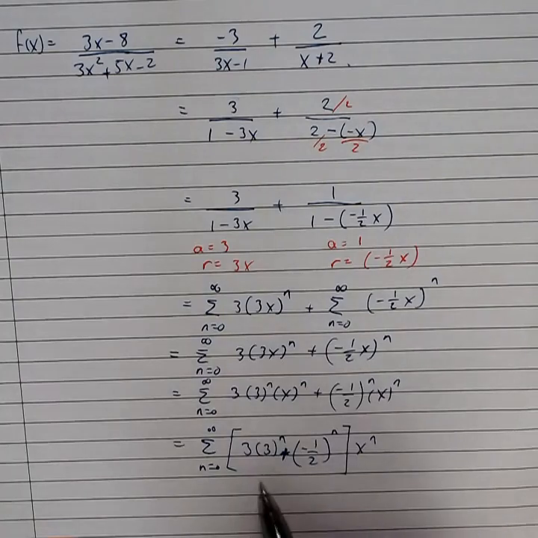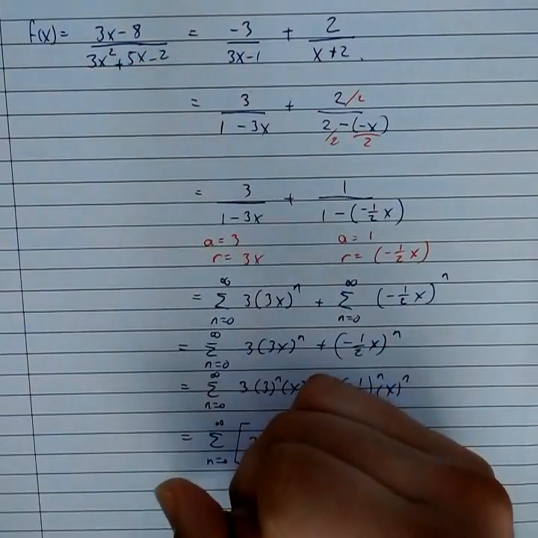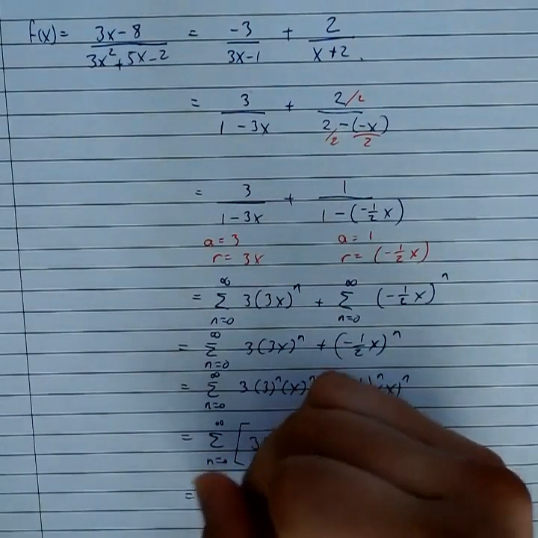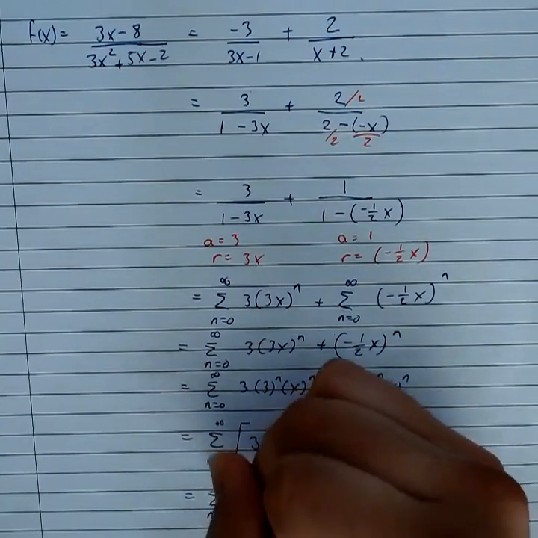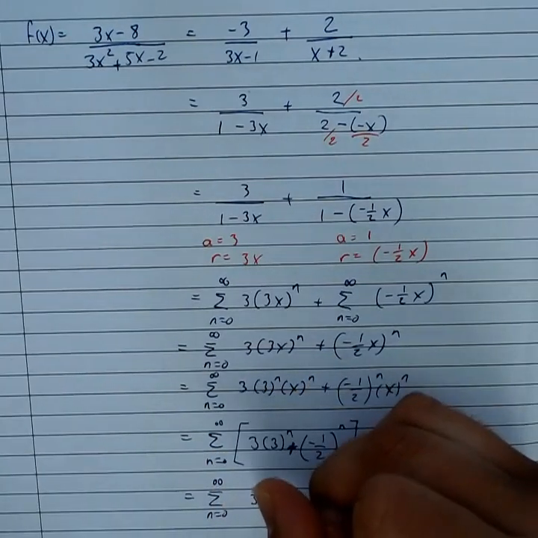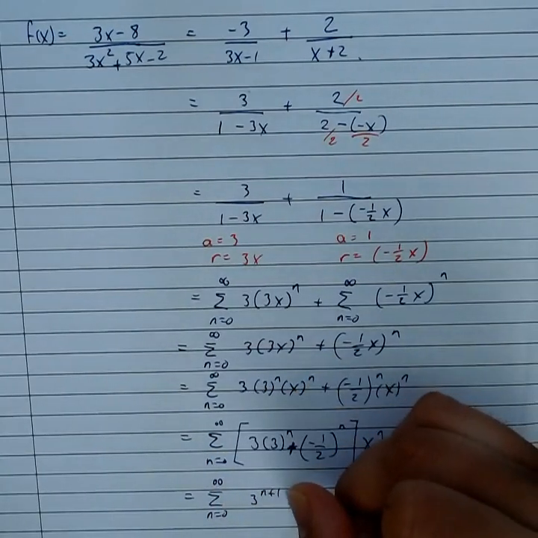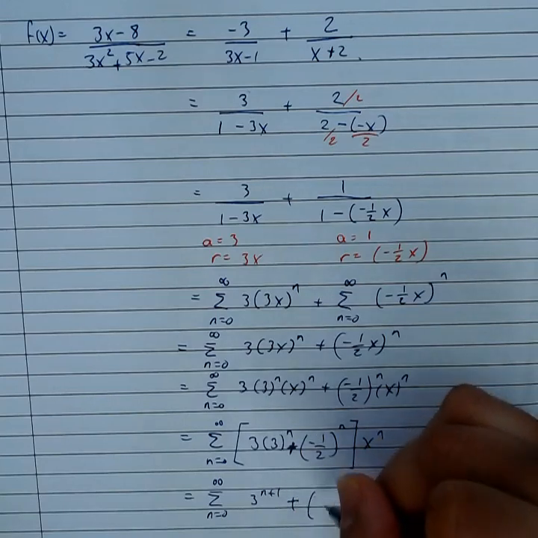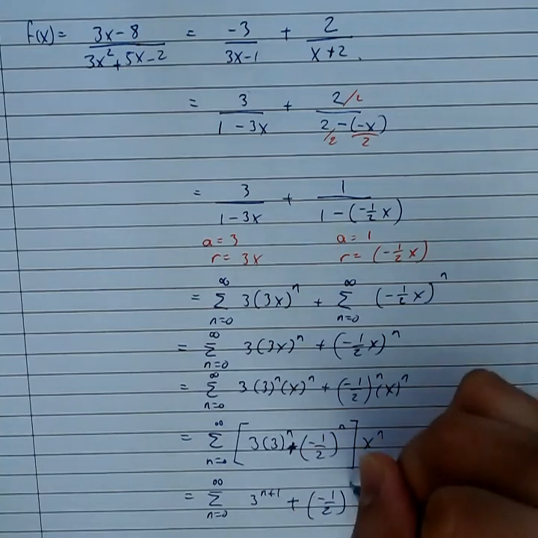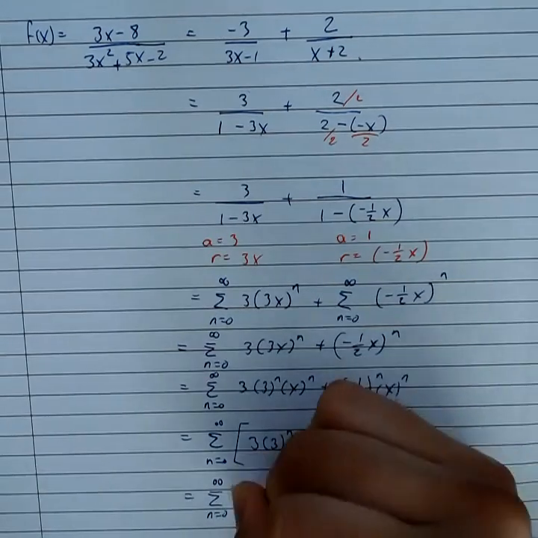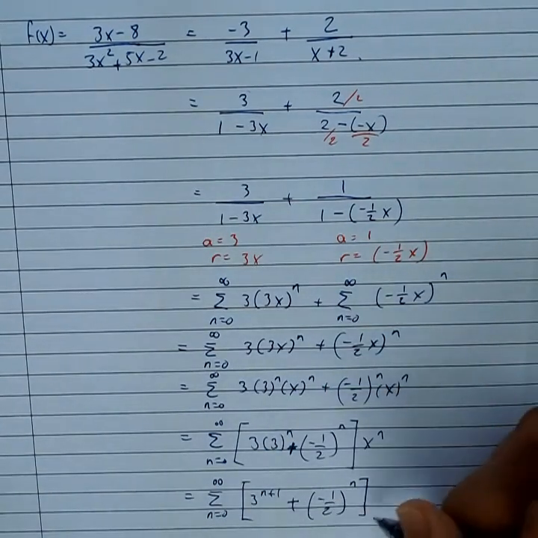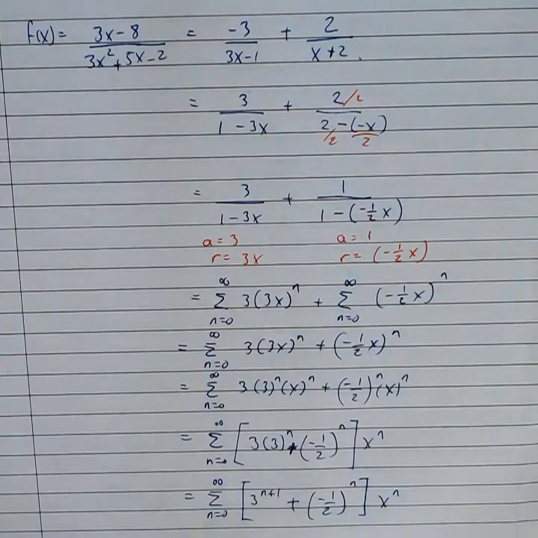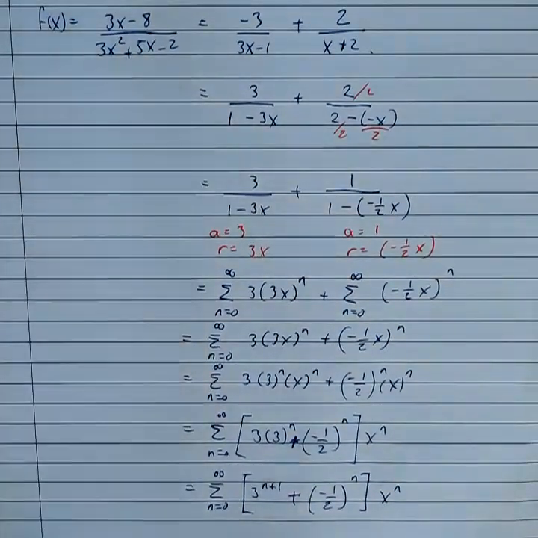And finally, here, I suppose these have the same base, so let me add their powers. And so this will give me, in the end, the sum as n goes from 0 to infinity of 3 to the power n plus 1 plus negative 1/2 to the power n. Those are my coefficients of x to the power n. And this is a power series that represents that function up there.